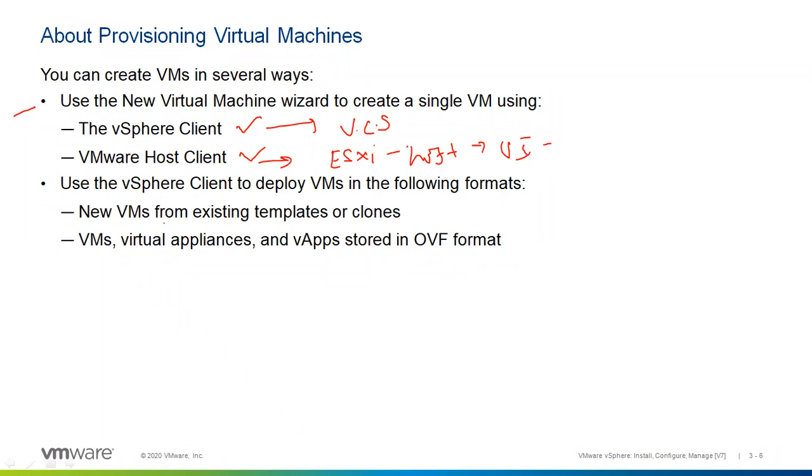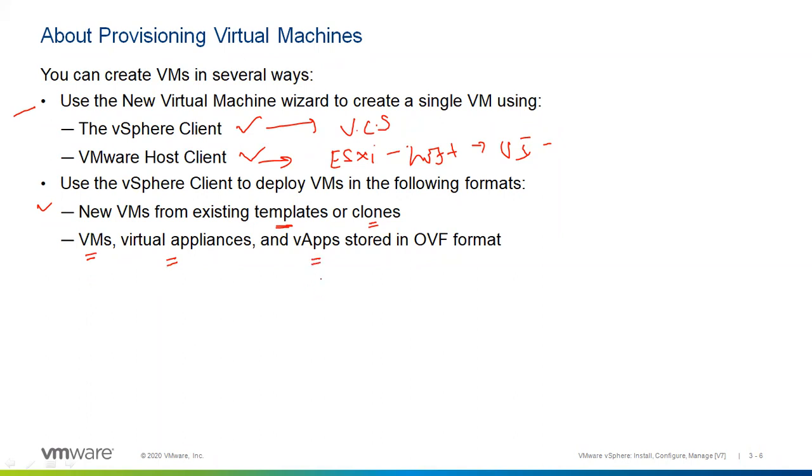So we can deploy the VM as a fresh VM, or if some master template is available, we can deploy from that. We can deploy from a clone as well. And it could be a virtual machine, virtual appliance, or vApp in a different form.